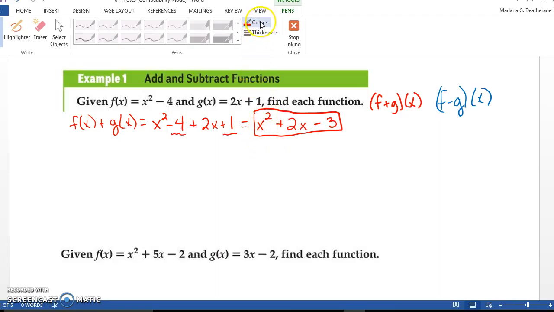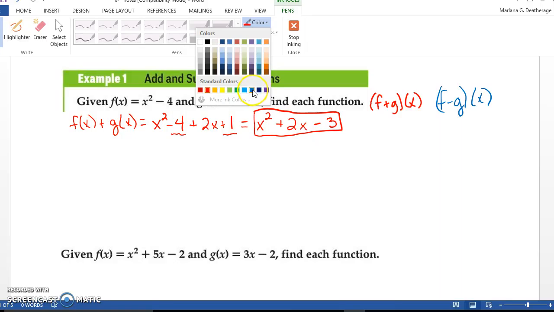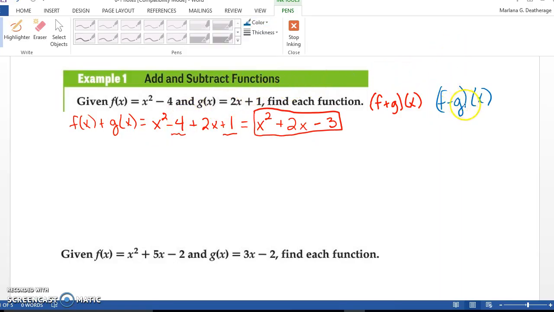Now, subtraction can be a little bit trickier. So, f minus g of x just means f of x minus g of x. So, f of x, we're still using the same functions, x squared minus 4. But now we want to subtract all of g of x. So that means you want to do minus and you want to put g of x in parentheses, because you're going to need to distribute the negative.